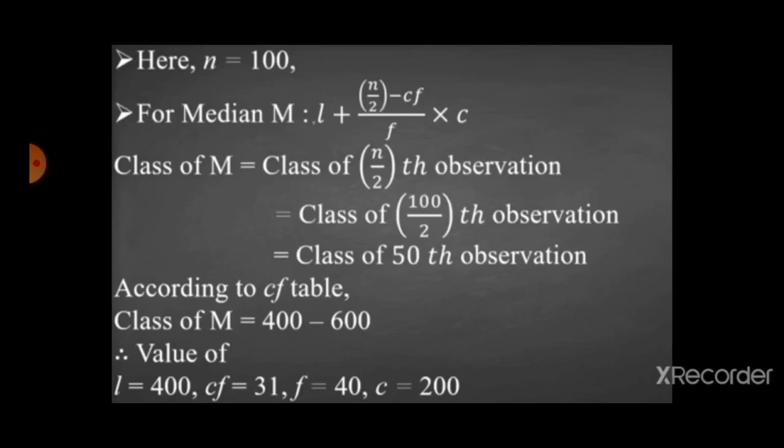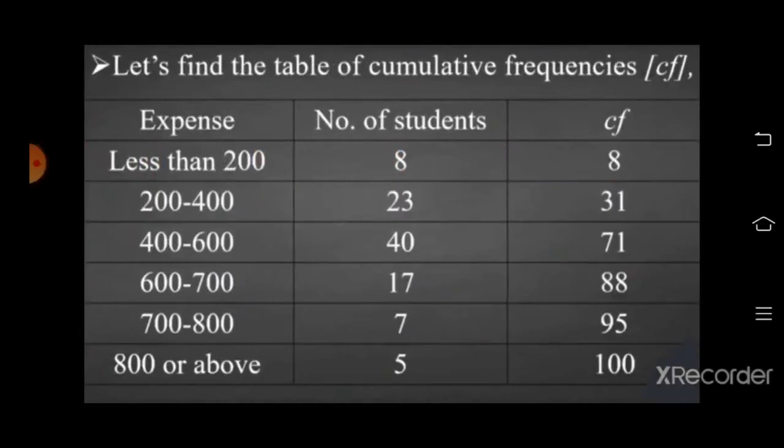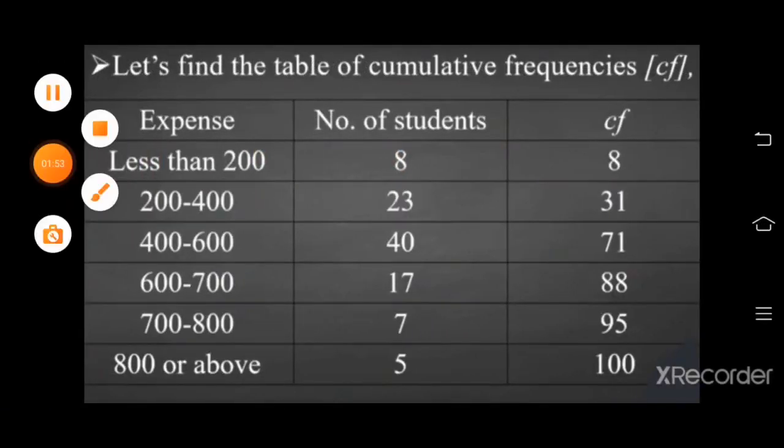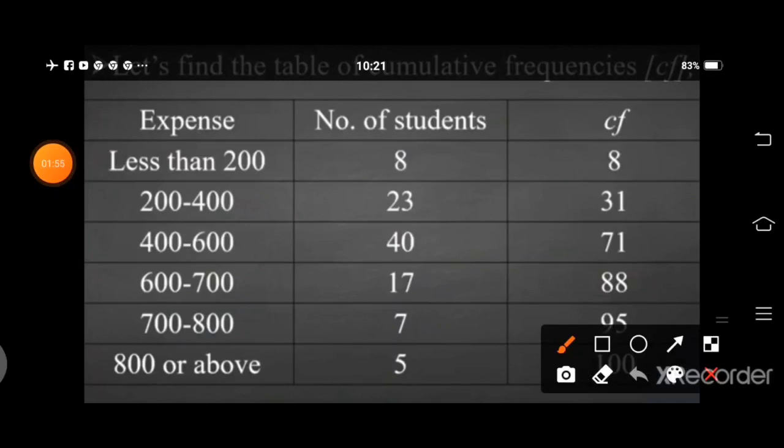According to the CF table, class of median would be 400 to 600, because here the answer is 50th observation, so more than 50, 71 is here.